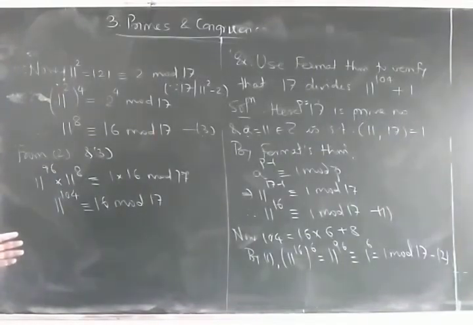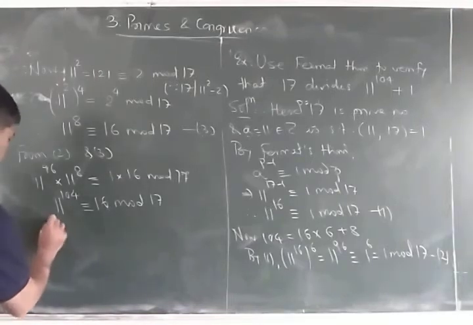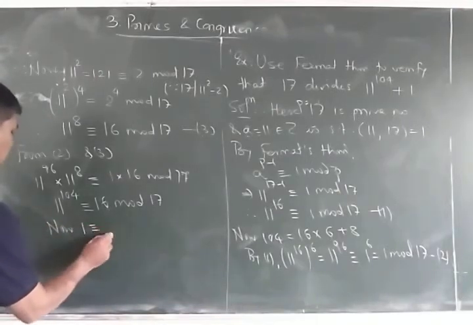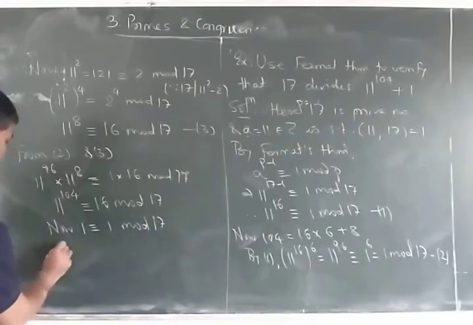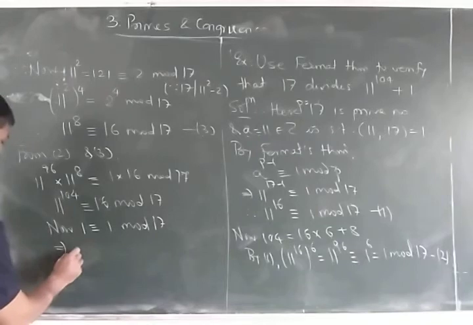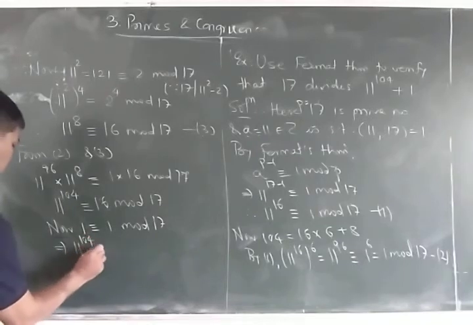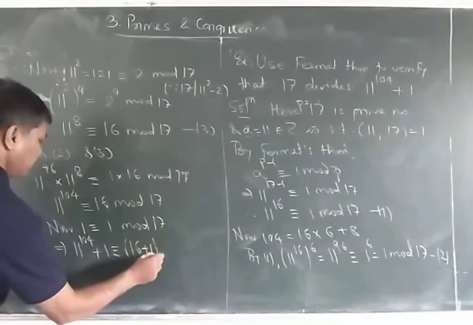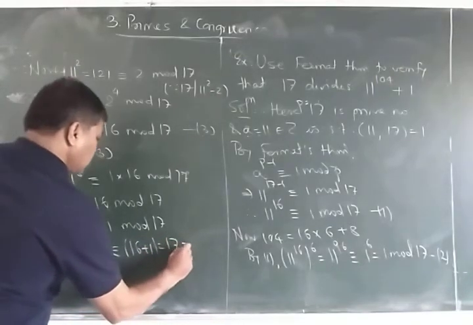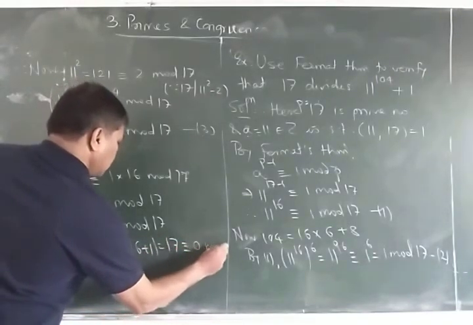Now 1 is congruent to 1 mod 17, which implies 11 raised to 104 plus 1 is congruent to 16 plus 1, which is 17, which is congruent to 0 mod 17.